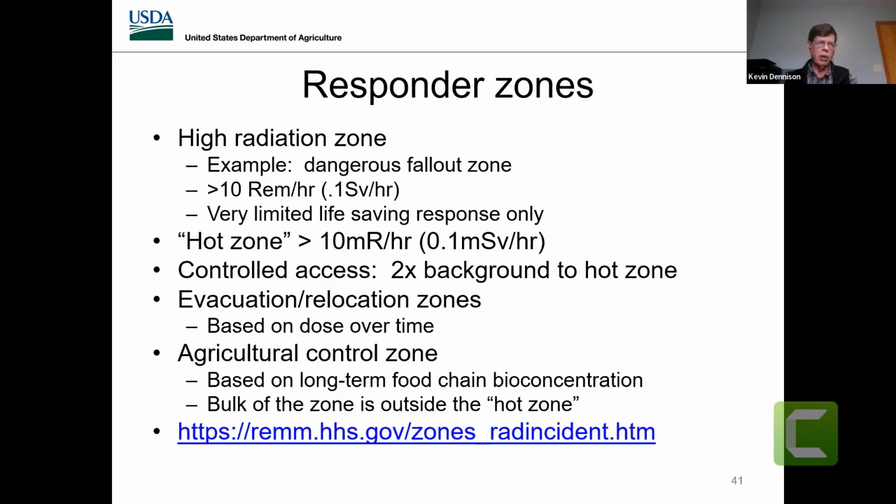So it may start at 2 times background, but it may vary quite a bit with the incident. So just be careful that in a radiological incident, for the incident itself, you're probably not going to see hot zone, warm zone, cold zone terminology used much. It's really going to be identifying either actions. In other words, it could be the evacuation zone, it could be the dangerous fallout zone, et cetera.